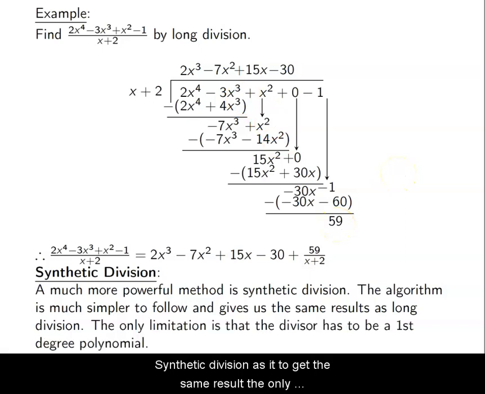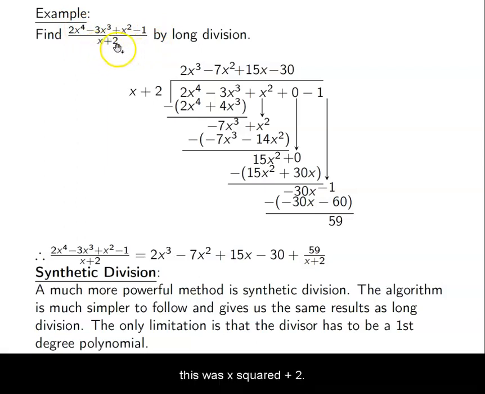Synthetic division allows us to get the same result. The only limitation, though, is that the divisor has to be a first degree polynomial. You can only do this when it's basically a linear equation. So any size polynomial divided by a linear binomial, that's the only time it works. Even if this was x squared plus 2, it wouldn't work, okay?